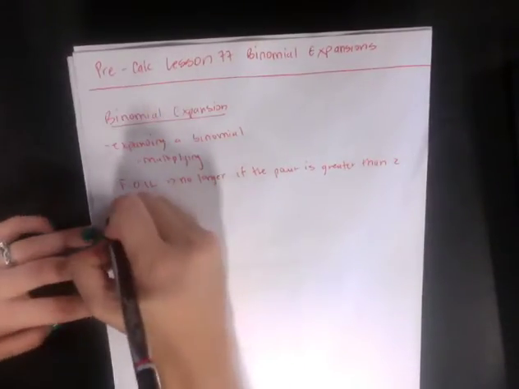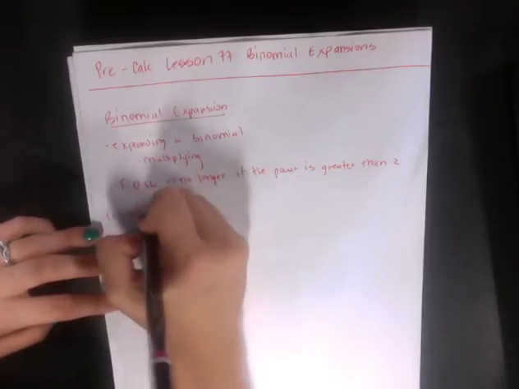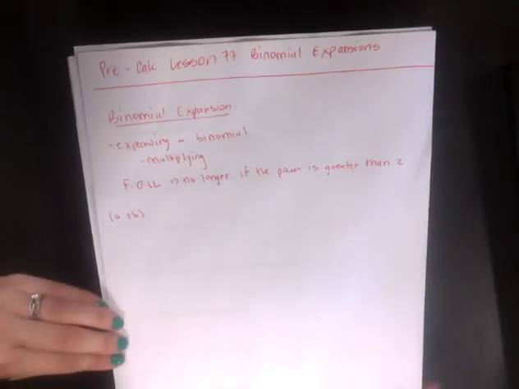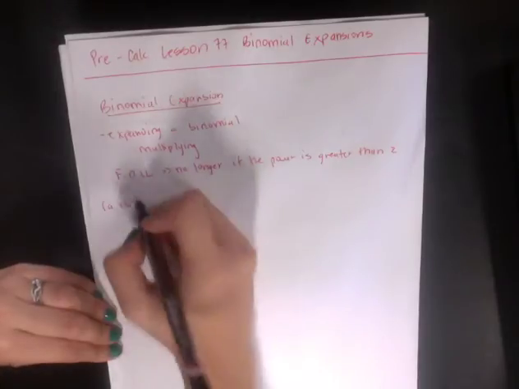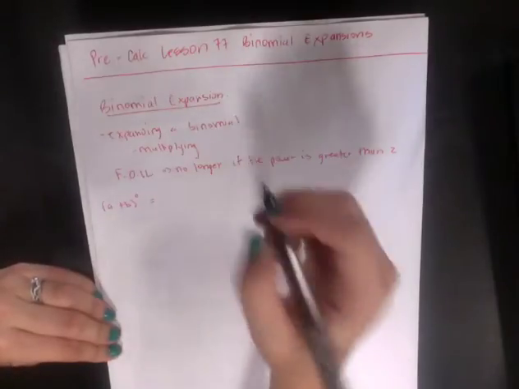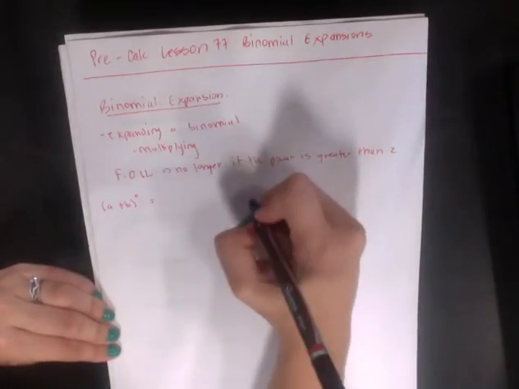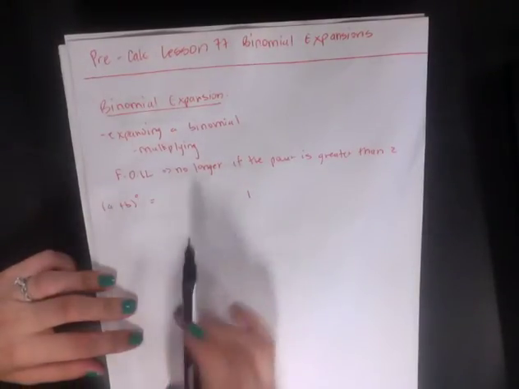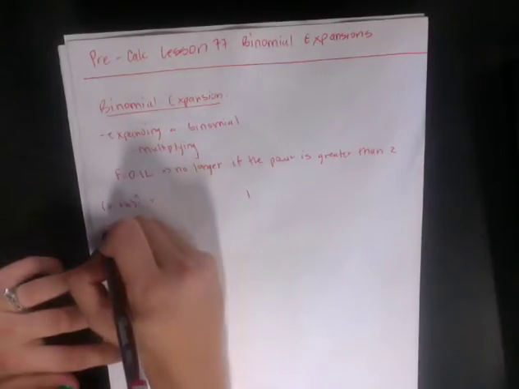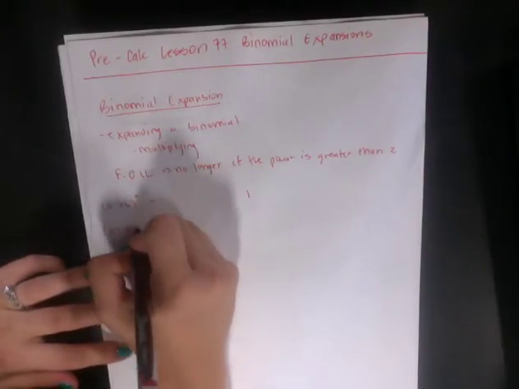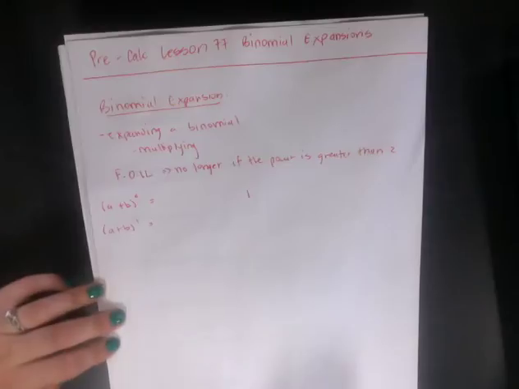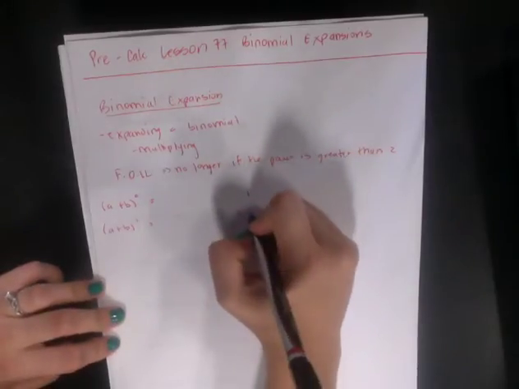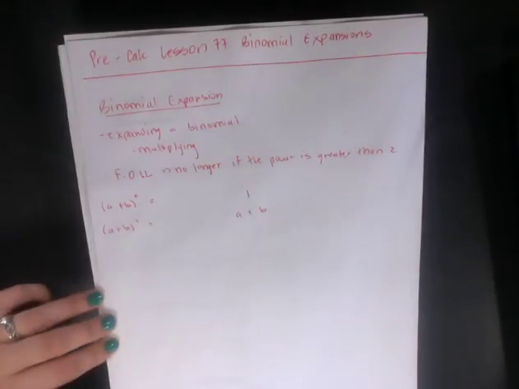So, if we have a plus b being two numbers, if I have a plus b to the 0, this is 1. Now you'll notice why I'm leaving space in just a minute. A plus b to the 0 is 1 because anything to the 0 power is 1. Now a plus b to the 1 is just a plus b.